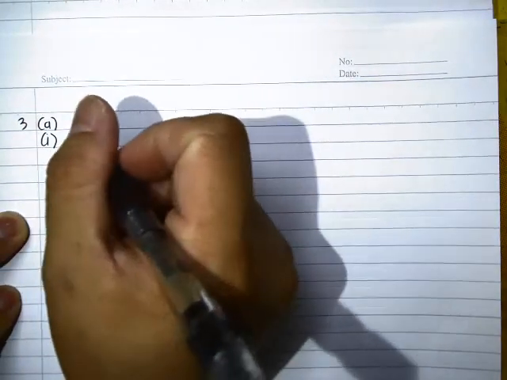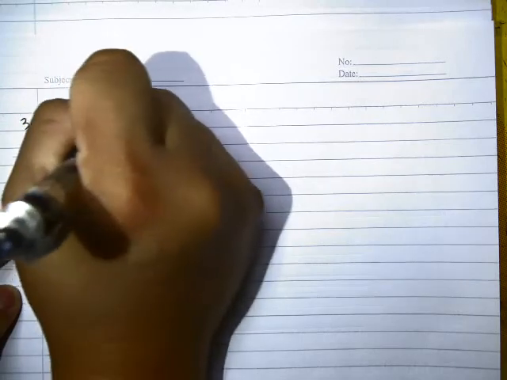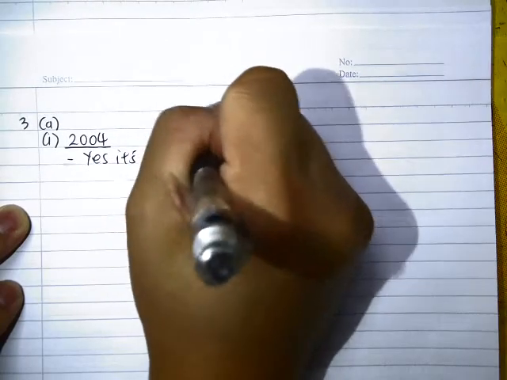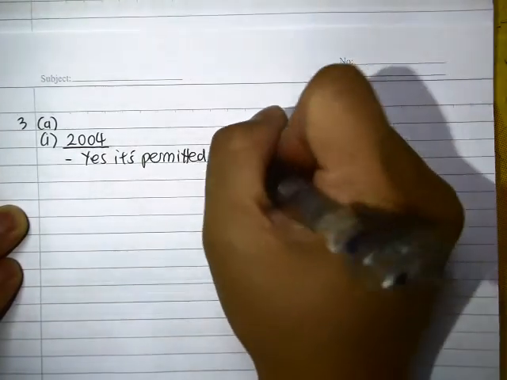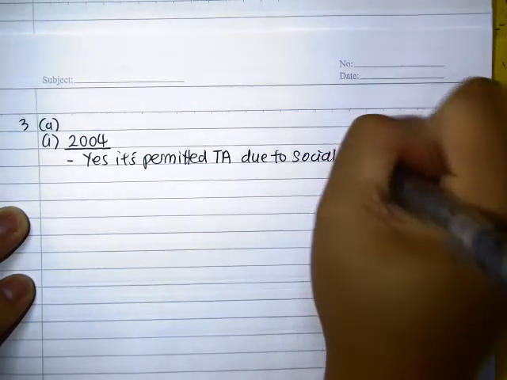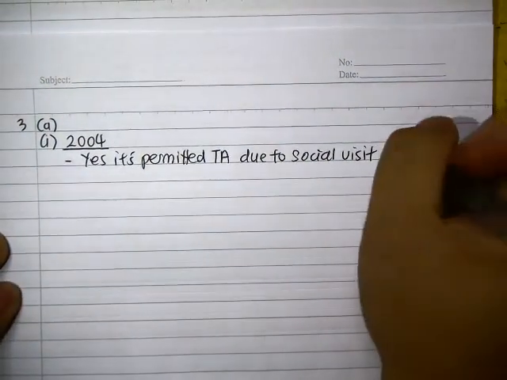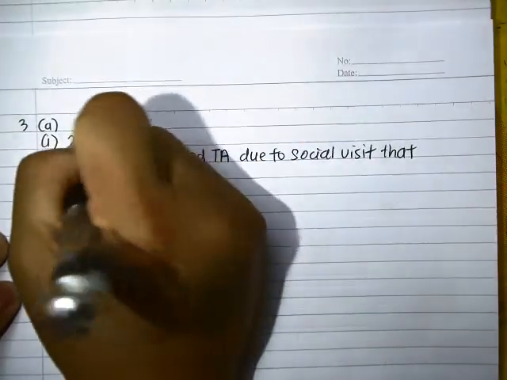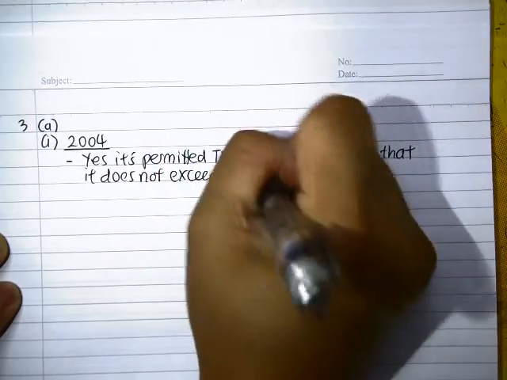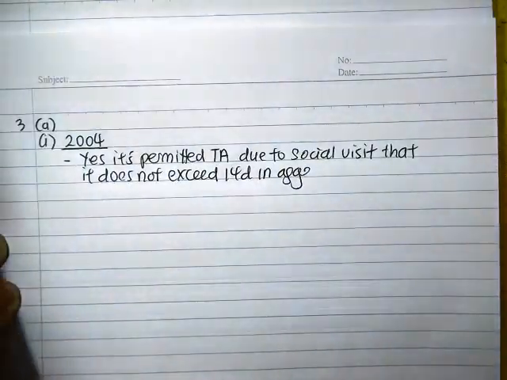Now the first part, the social visit, is to do with 2004. Yes, it is a permitted temporary absence due to social visit, that it does not exceed 14 days in aggregate.